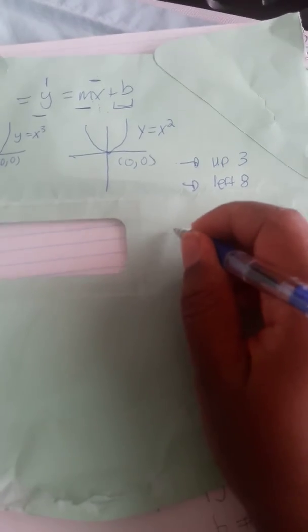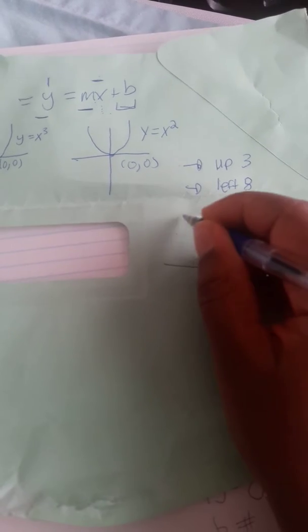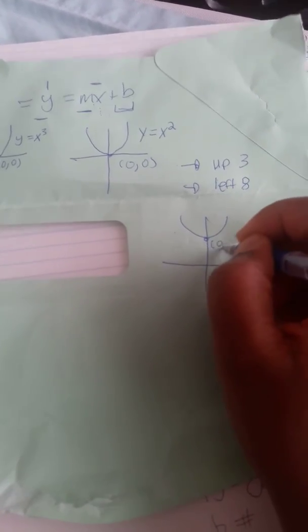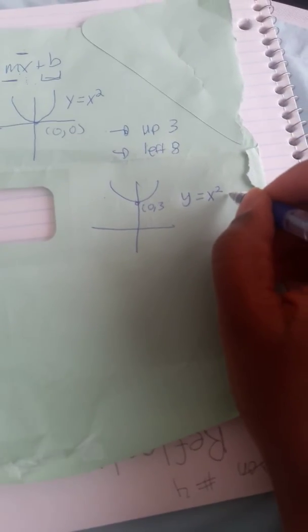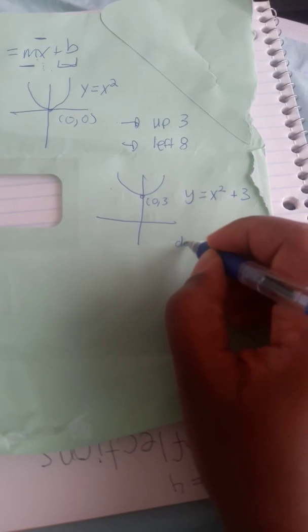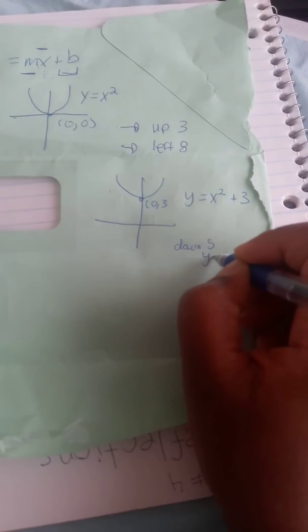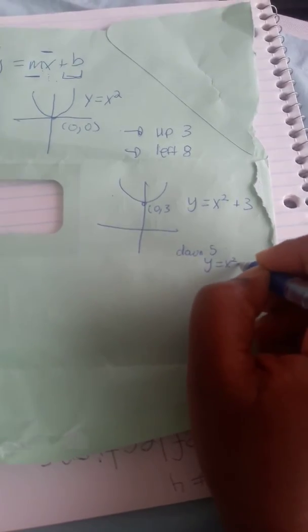So to take that parabolic equation and move it up by 3, all you do is take the original portion of the equation and then you add 3. Very simple. Similarly, if you wanted it to go down by 5, you would have just taken y equals x squared minus 5.